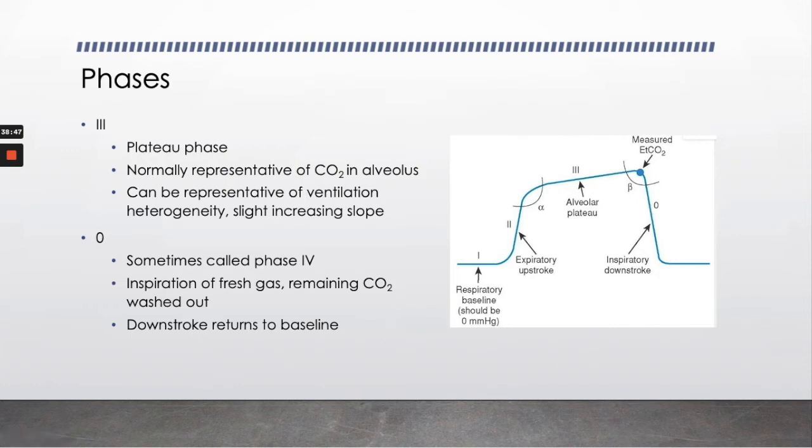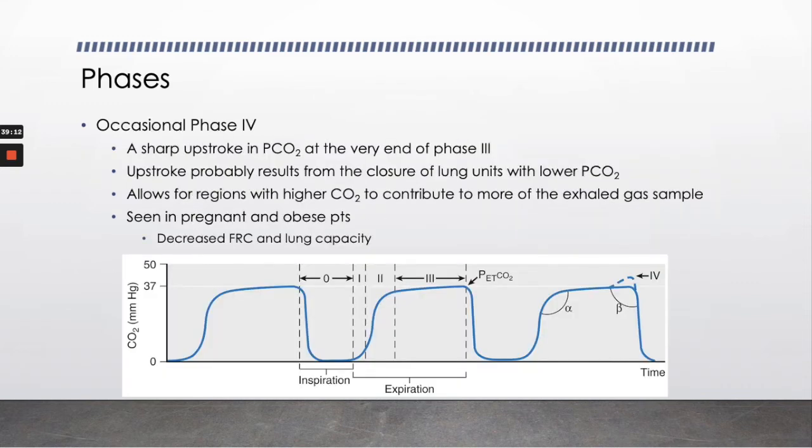Basically there's the inspiration of fresh gas, and the remaining CO2 is being washed out. There's an immediate downstroke that returns to baseline. So that's the inspiratory downstroke. CO2 is being washed out, and inspiration begins, and it returns back to baseline until the expiratory portion begins.